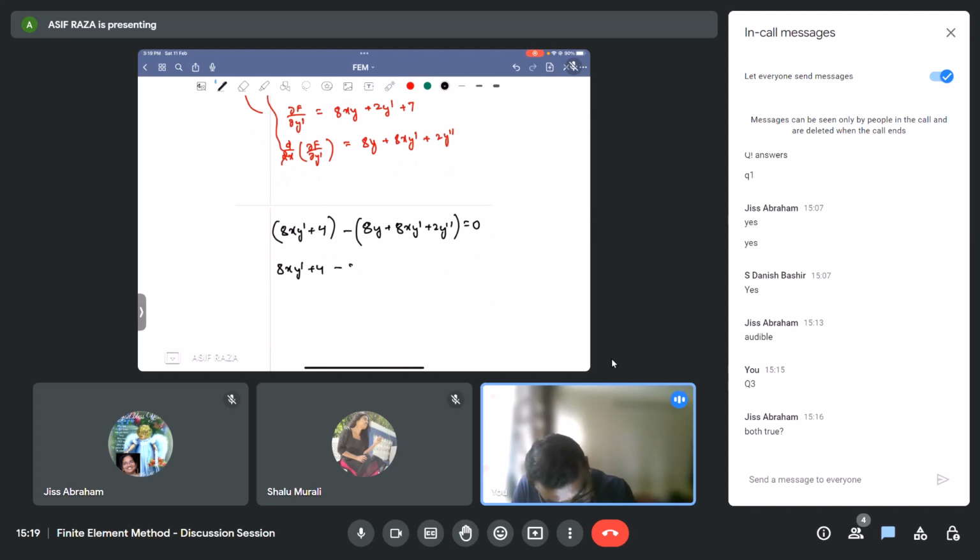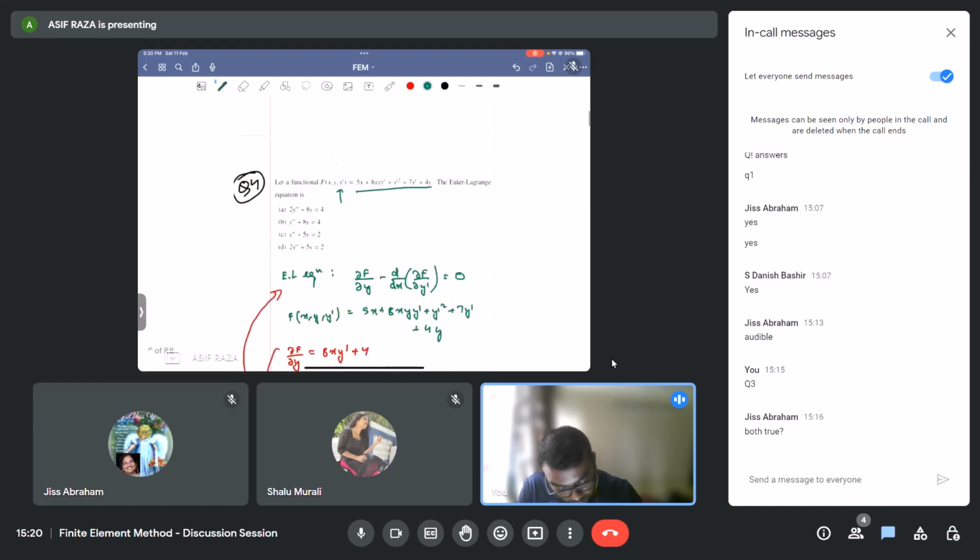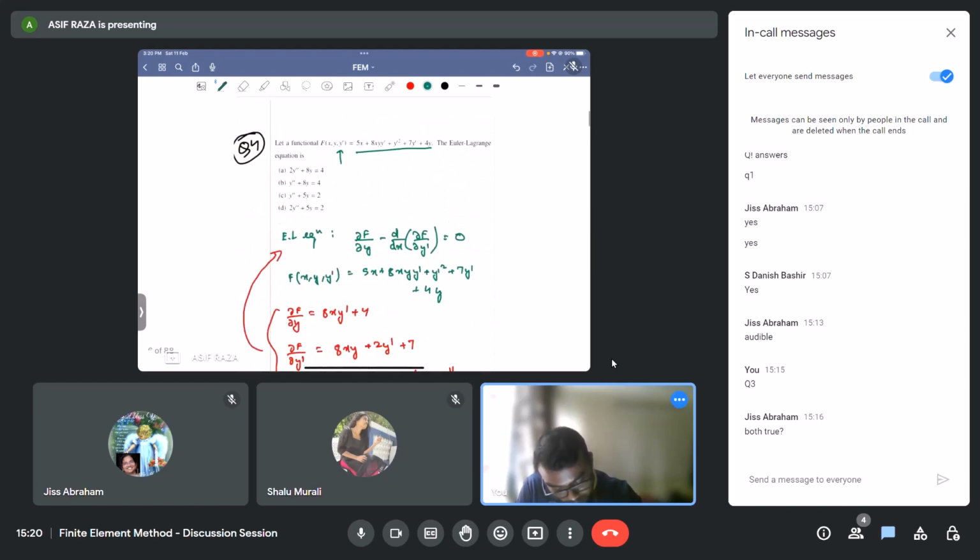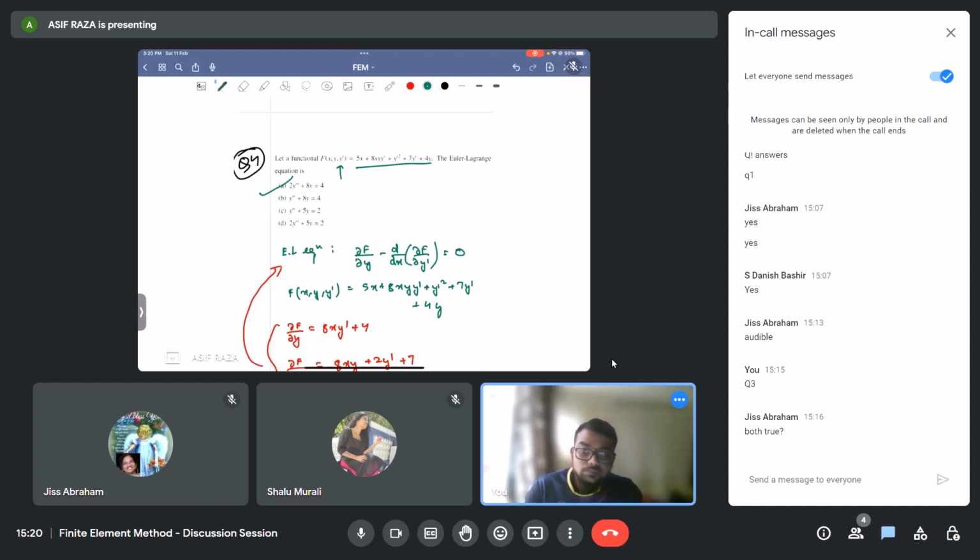Let's write it as a whole: 8xy prime plus 4 minus 8y minus 8xy prime minus 2y double prime equal to 0. This cancels out, and we take it to the other side, and the final answer would be 2y double prime plus 8y minus 4 equal to 0. So let's see what answer matches: 2y double prime plus 8y minus 4. The correct answer is option A.